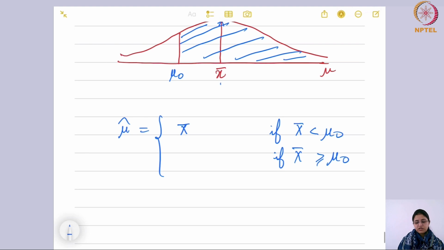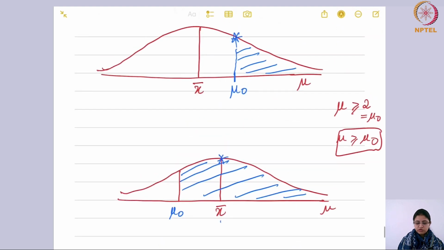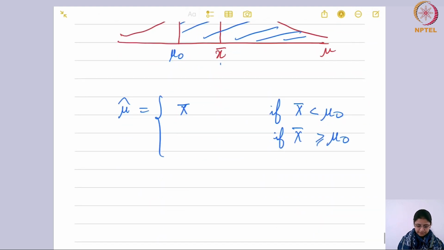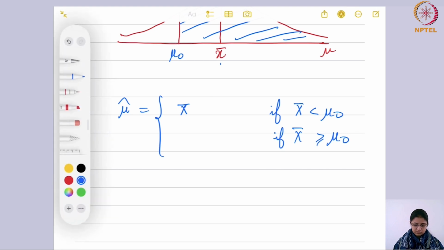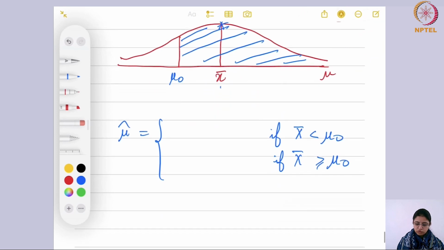And if x bar is less than mu naught, mu naught will be the answer, sorry. So here, if x bar is less than mu naught, mu naught is the answer. Okay, and in the other case, the sample mean.